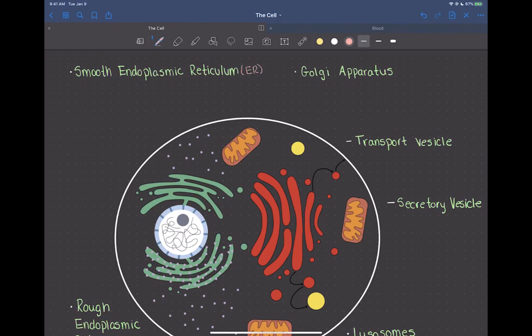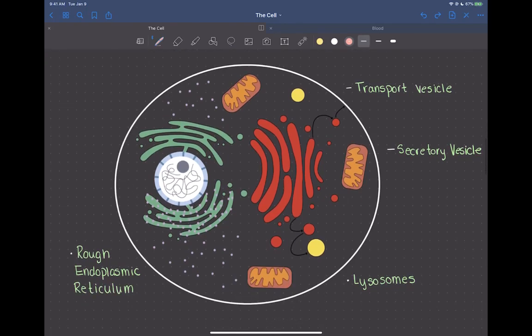And so the endoplasmic reticulum is this kind of network of membranous channels. In this picture you can see we have this network, let's try the laser pointer, there we go, this network of membranous channels here and this other network.